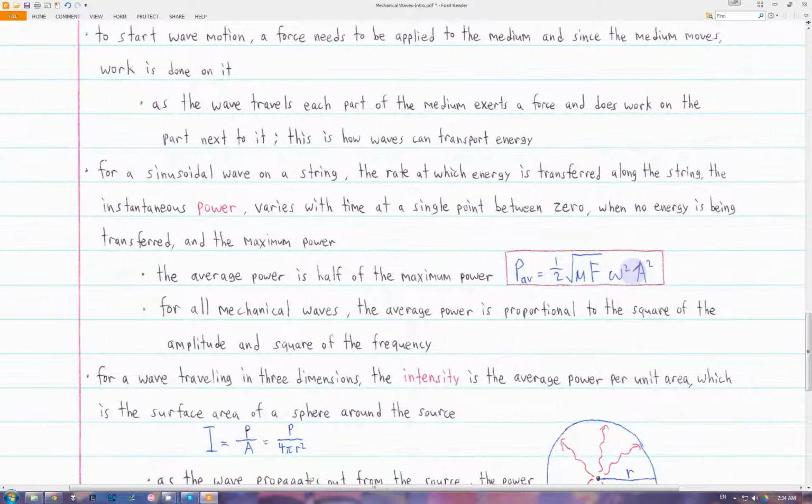Or if the frequency is halved, then the average power will be cut by 1/4. This proportion of the average power to the square of the amplitude and the square of the frequency is true for any mechanical wave. So again, higher amplitude or higher frequency waves can transport more energy faster.